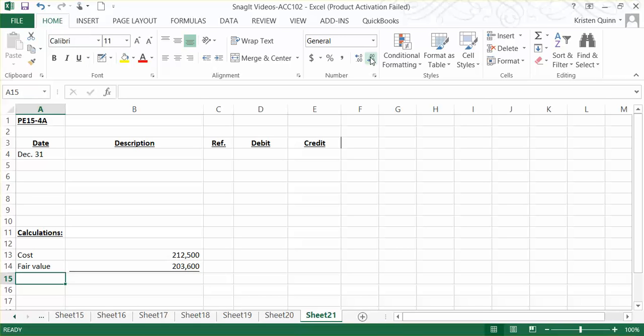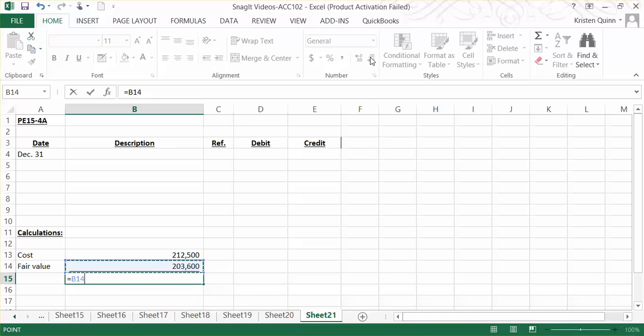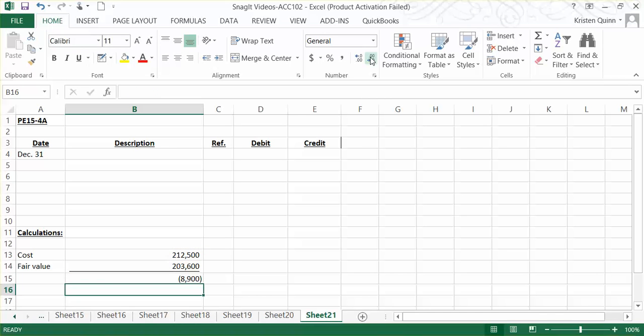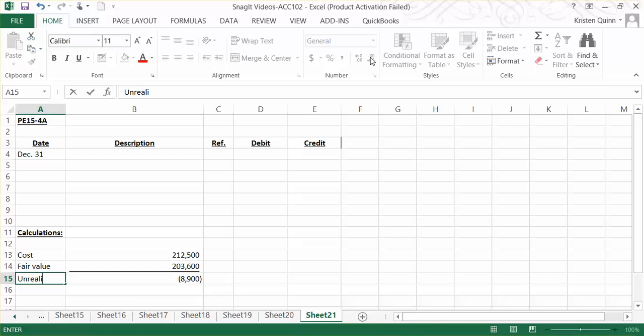So we're going to compare the two, what we paid for it versus what we could have sold those investments for. So we take our fair value and we subtract away the cost. And you will see that, in fact, our value of our investments has dropped by $8,900.